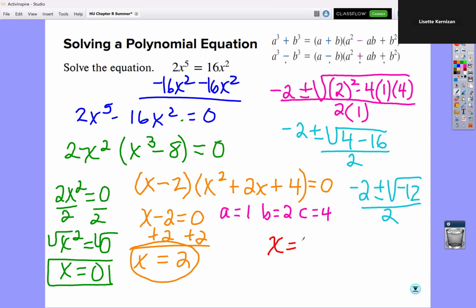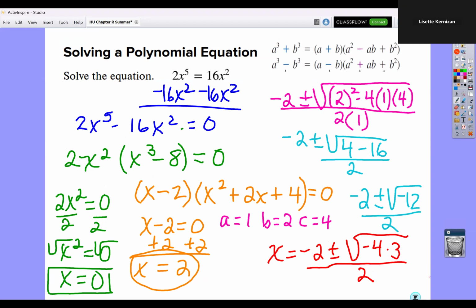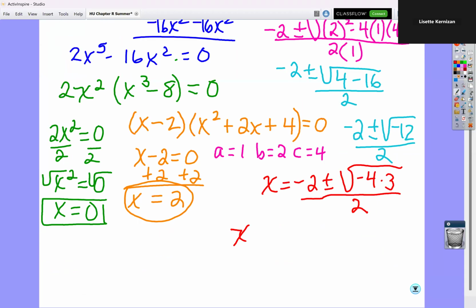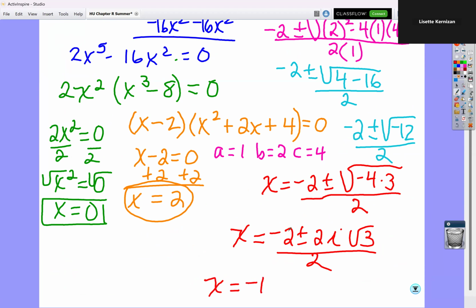So here x equals negative 2 plus or minus, I know that I can break up negative 12 into negative 4 times 3, all over 2. So that's going to give me x equals negative 2 plus or minus 2i root 3 all over 2. And then my final answer is negative 1, because negative 2 divided by 2 is negative 1, plus or minus i root 3.